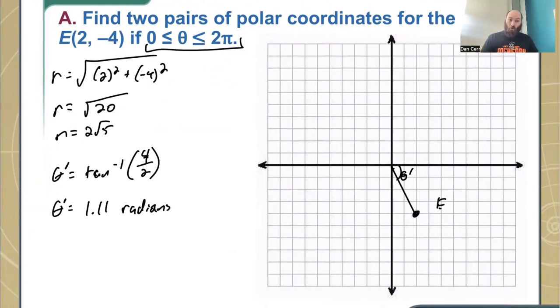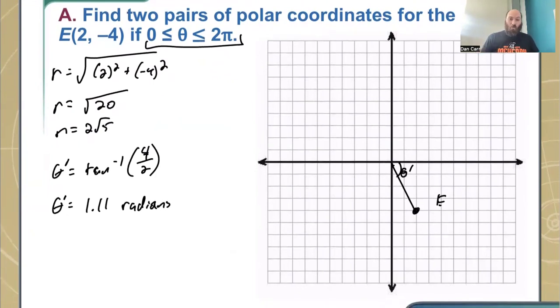But the actual polar coordinate is not going to be that. We want our polar coordinate to be in this specific interval. It has to be positive, so this would officially be a negative 1.11. I need to figure out what is my same positive position to get me there.